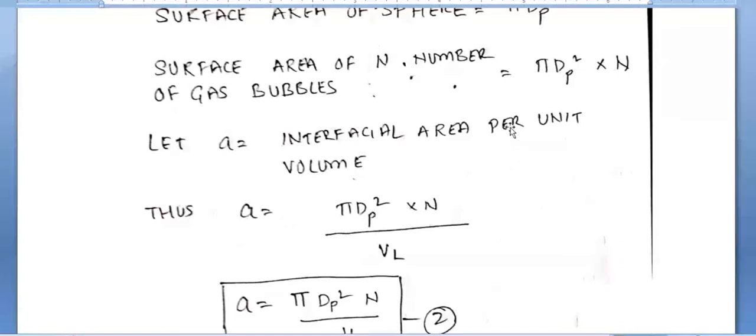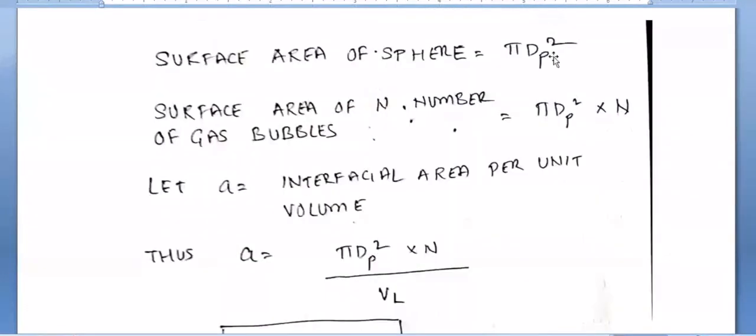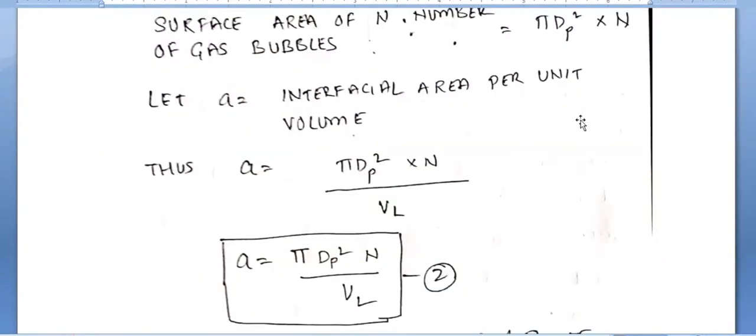So A is equal to what? This is the surface area of each gas bubble, and this is the total surface area of n number of gas bubbles, divided by VL. What is VL? The volume of the liquid present in the vessel. So A is equal to this formula. What is A? Interfacial area per unit volume. This is formula number 2.